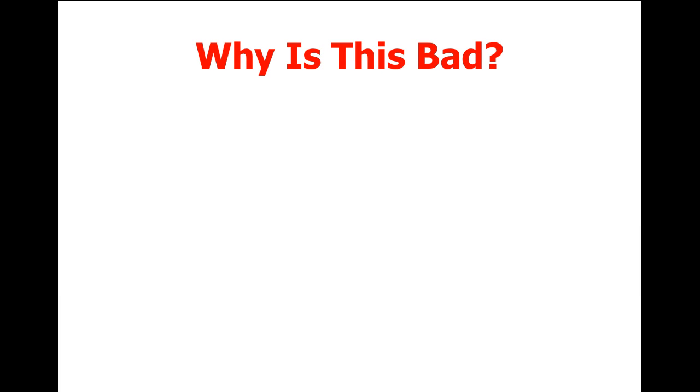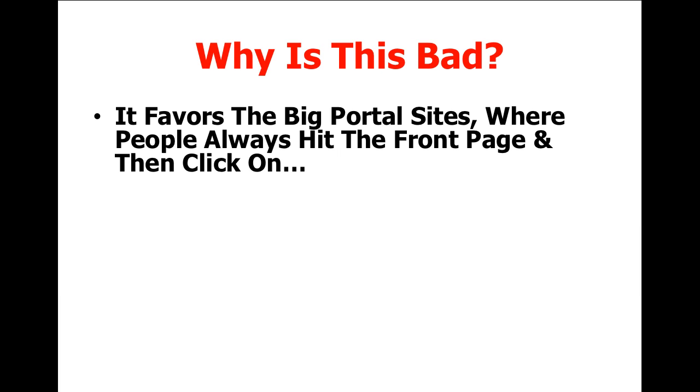Now why is this bad? Well, it's bad because it favors the big portal sites where people always hit the front page and then click onto something. The best example I can give is a newspaper. If you go to the New York Times, you usually go to the front page, you click on whatever article you want to read, and that tells Google that you're active on the site.